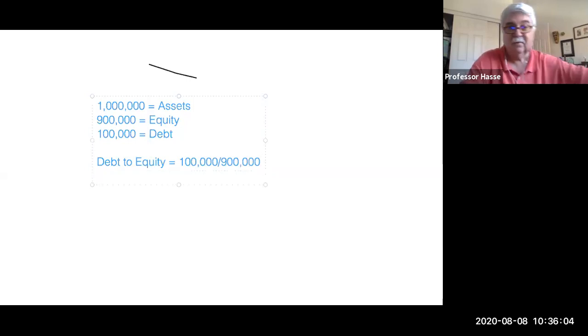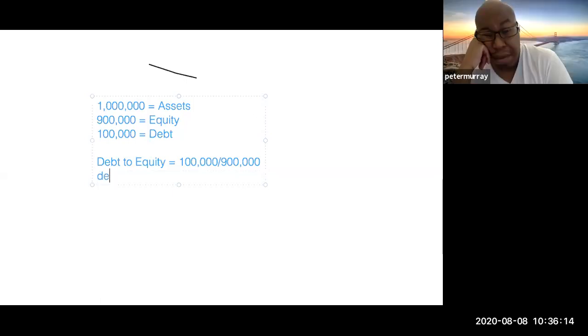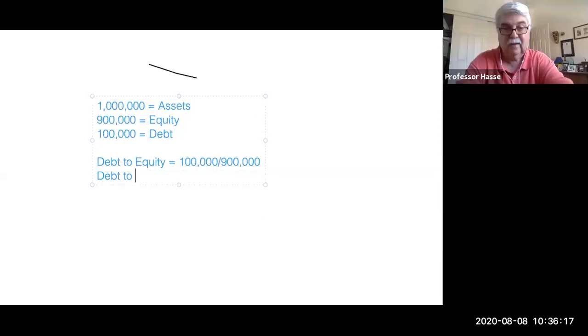So if I do that arithmetic, 100,000 divided by 900,000, my debt to equity ratio is 0.111. In Electrics' case, it's 0.5. So I can just tell you that I'm not going to give you the dollar amounts. I'll just say for my business, my debt to equity ratio is 0.111.